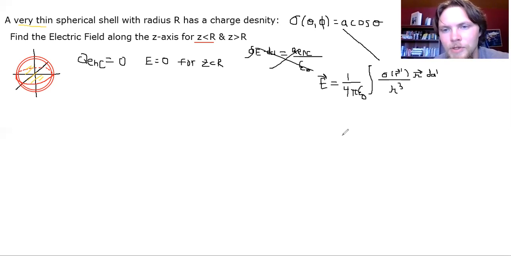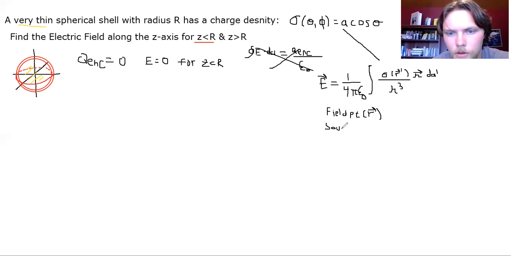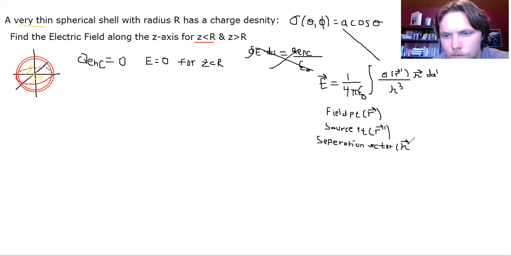But in order to do that, first, there's a couple things we've got to know. So we need to know the field point, or just r vector, the source point, or r prime vector, the separation vector, script r, and the magnitude of the separation vector.